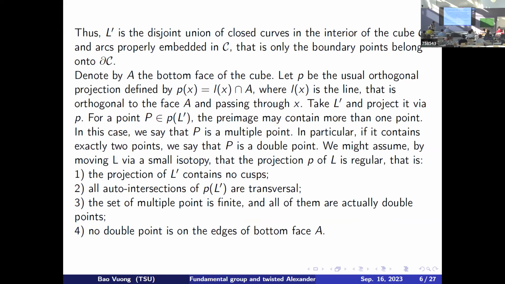Then when we have the embedding, we would like to consider some combinatorial diagram. For that, we have to find a projection of the curve to some plane, and then we get the diagram. The case of the three-dimensional torus is different from the three-dimensional sphere, where every knot and link is finite, so that it is local.